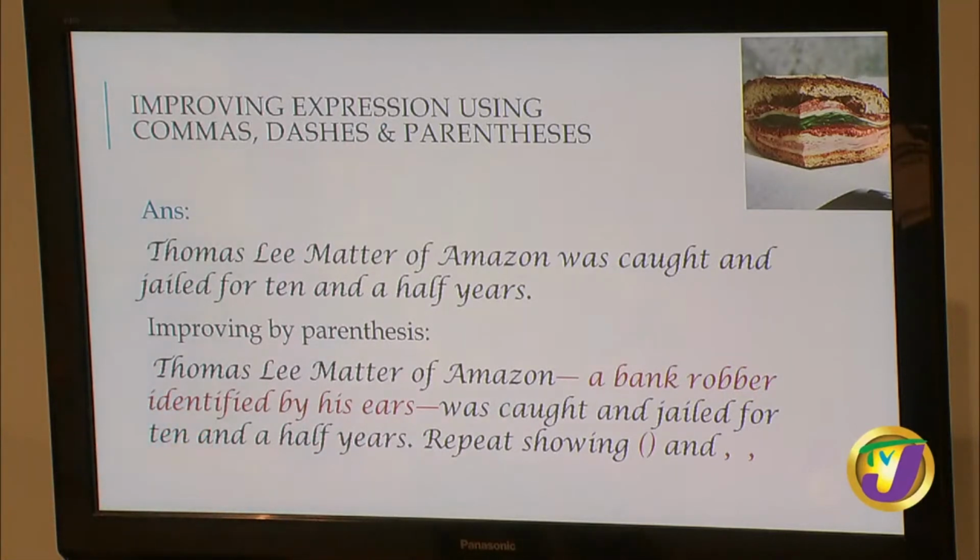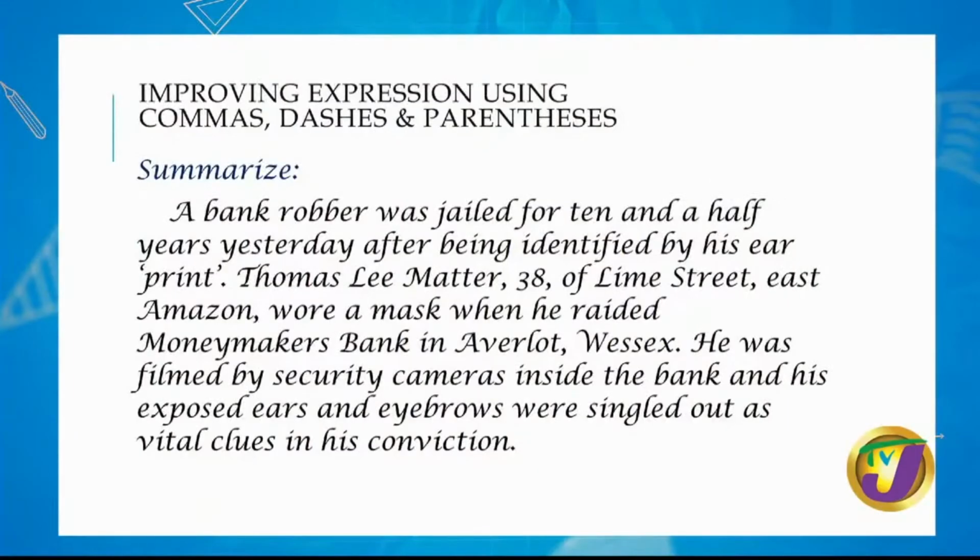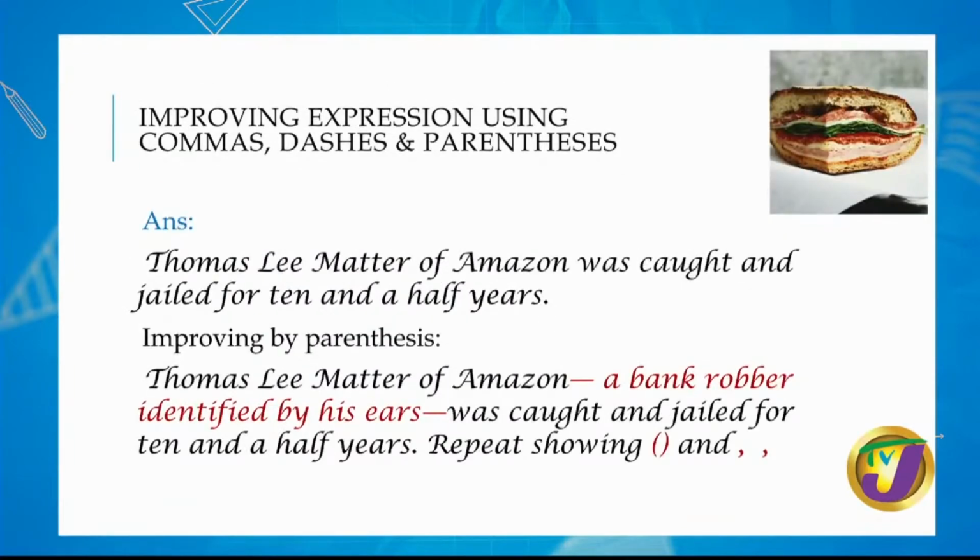So let's go back to the first one, the one we were looking at before. So we were looking at all of those, and we are reducing, summarizing, and we arrived at this. And if you didn't want to use the dashes, what could you use? 2 commas or 2 parentheses.